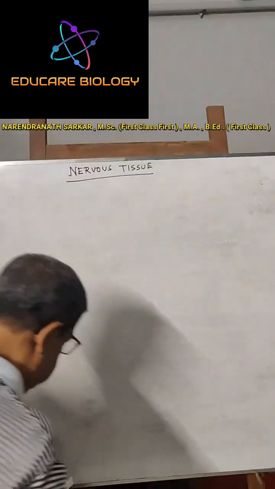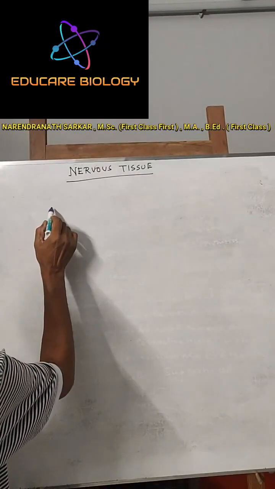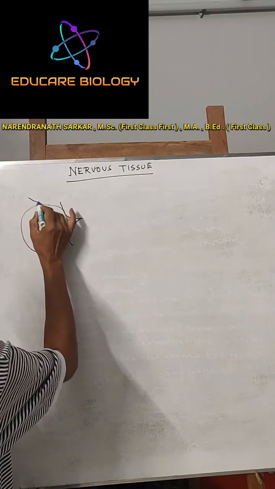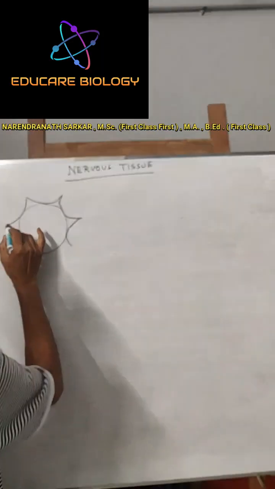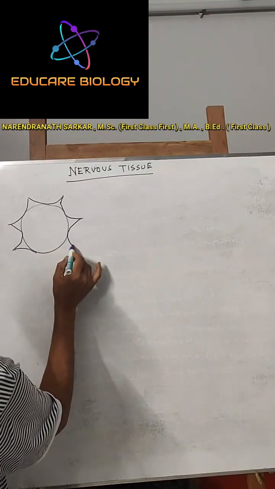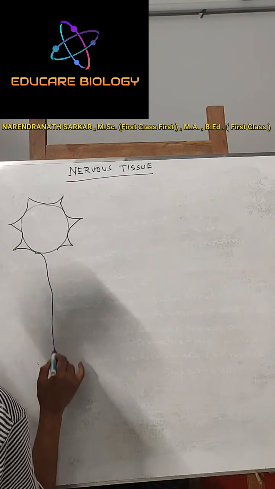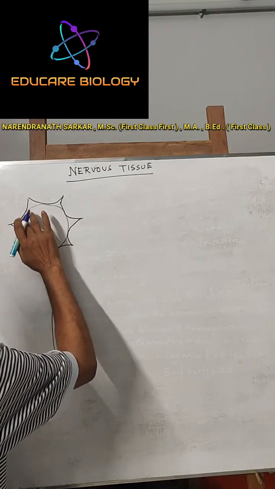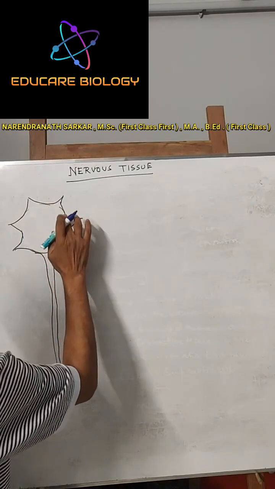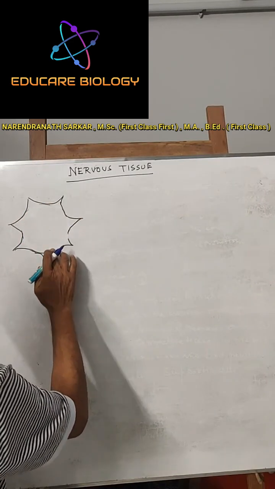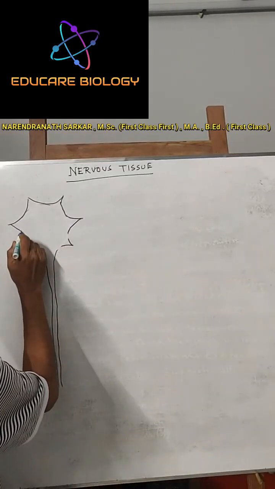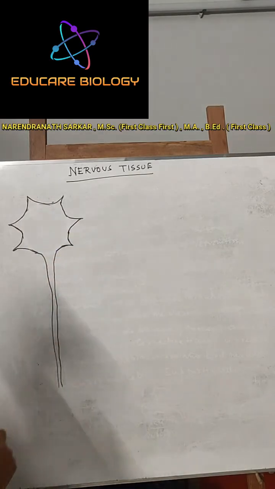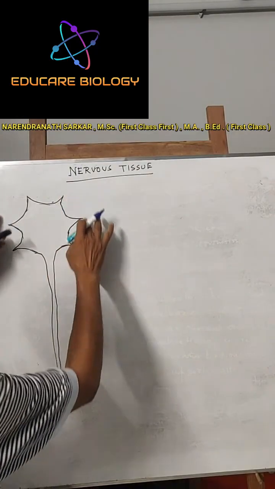A typical neuron has three parts. This is the main part, cell body.